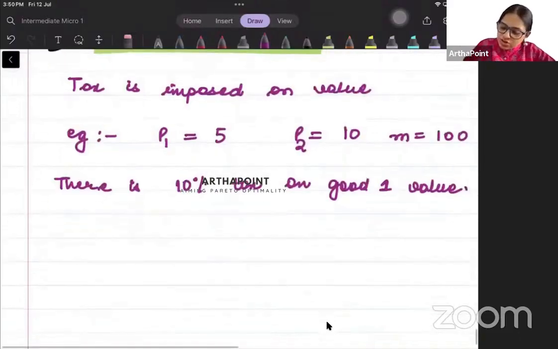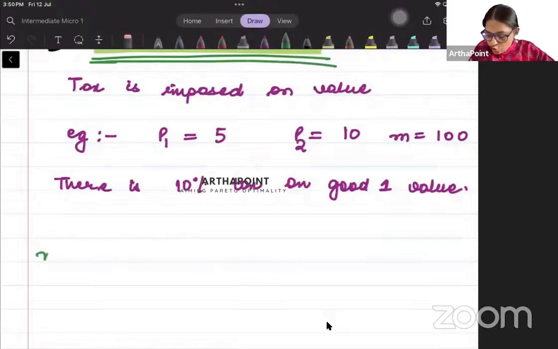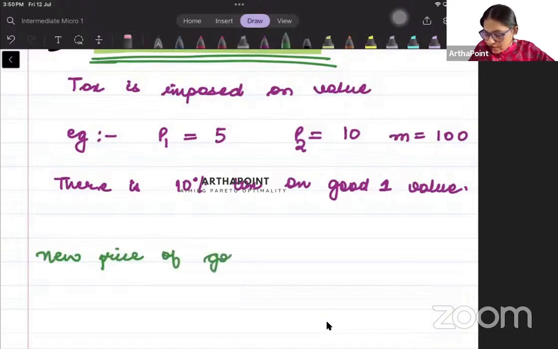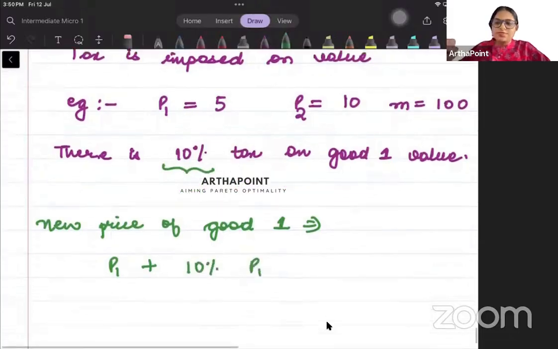So now what will happen, बच्चे? क्या हो जाएगा? What will happen? So the new price of good 1 will be what, beta? Old price plus 10% से increase हुआ है. It has increased by 10%. 10% of old price.